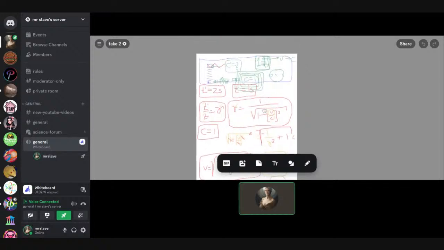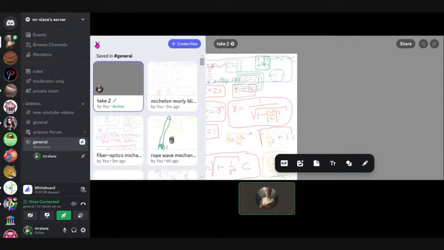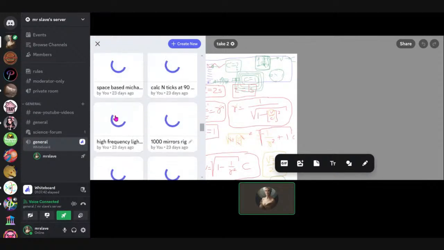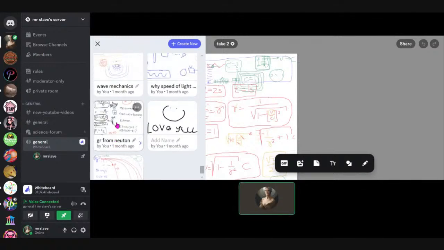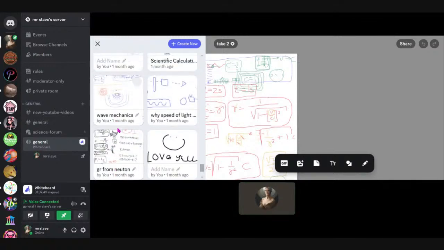So we actually took somebody's derivation of the interferometer. I want to find it. I'd like to find how we used it. It's going to be very difficult. GR from Newton. Nothing.